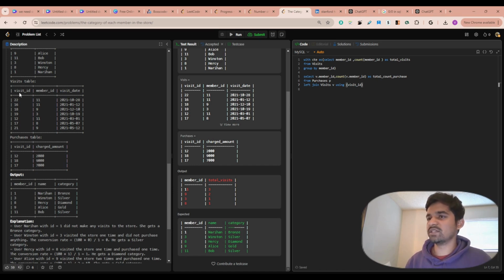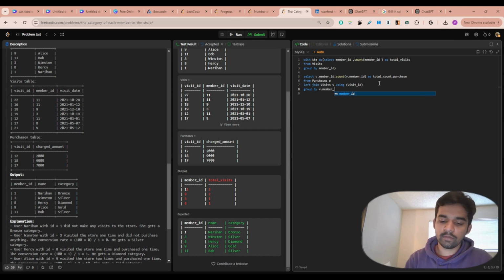As both the tables have the same column name, I don't need to use the ON clause to specify on which column you are going to join. You could just directly use USING because both the column names are the same. And the next step is, of course, we would be needing the group by v dot member ID.